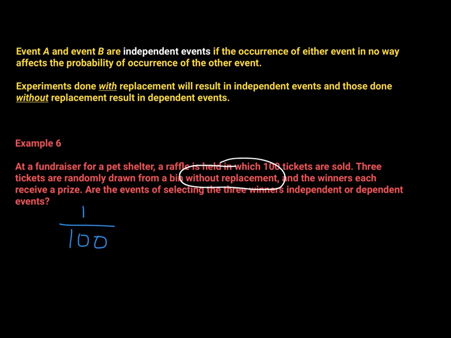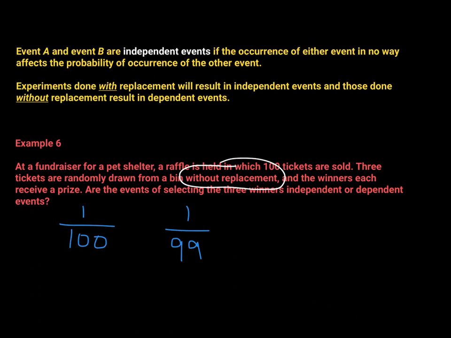Now they're going for the second ticket. Now, they did not put that first ticket that they pulled back. It's without replacement. So what's the probability that they choose your ticket the second time, assuming you didn't win the first time? Well, 1 out of, watch this, 99. See, the probability changed because now there's 1 less ticket in the bin.